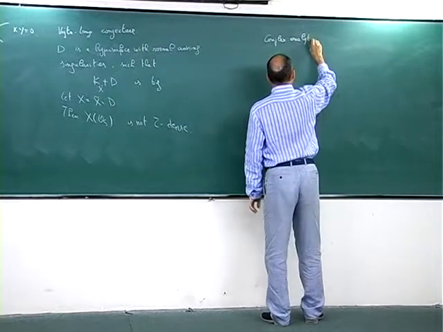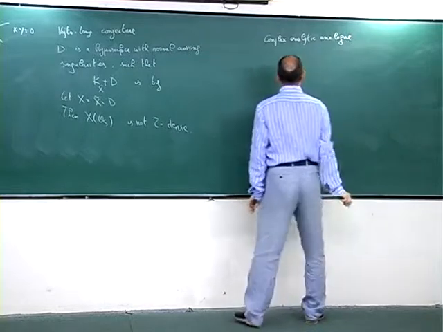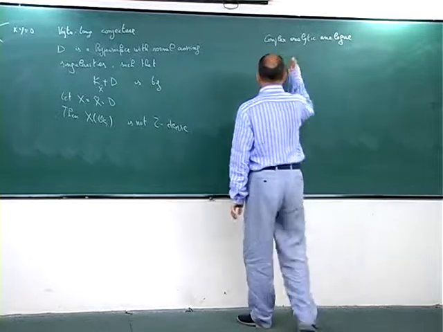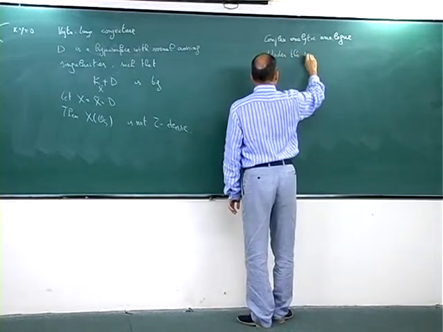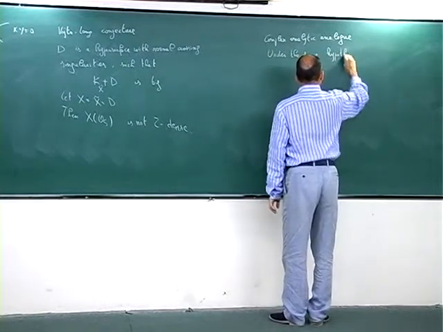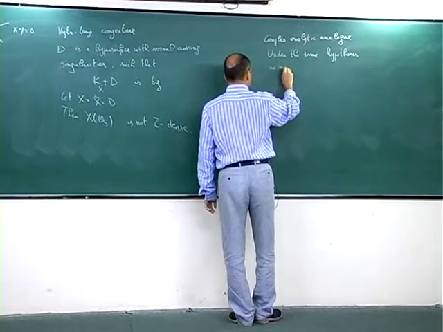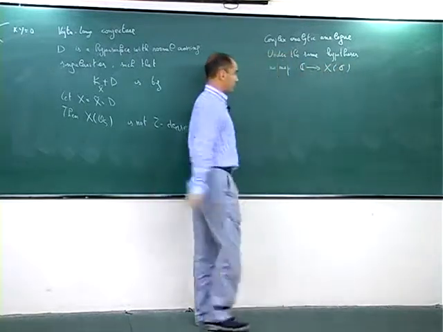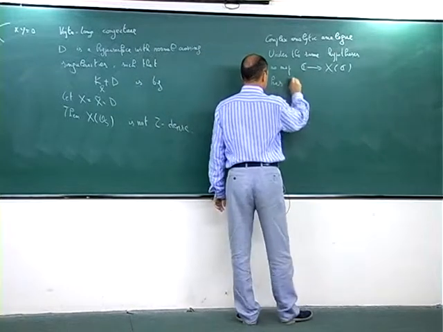The complex analytic analog states that under the same hypothesis, no map from C to the analytic space X of C has Zariski dense image.